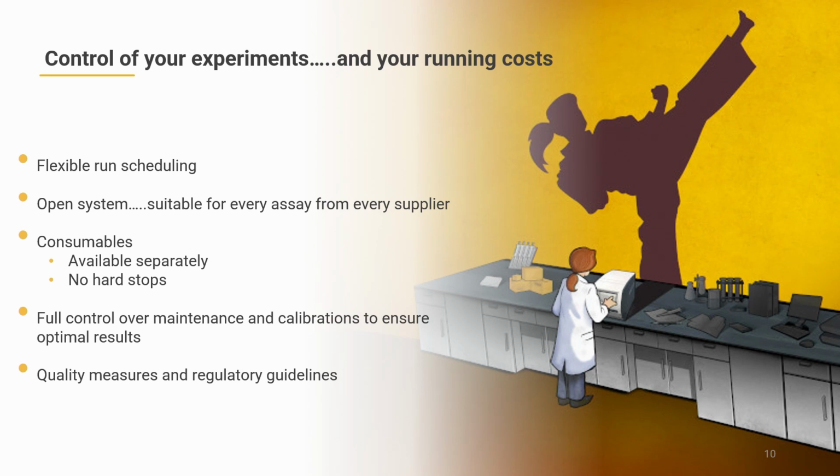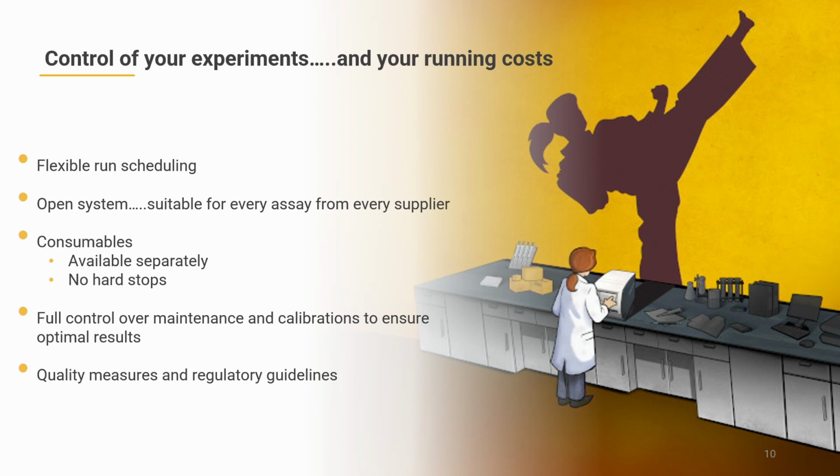It's a completely open system. You decide what assay is best for your sample. The instrument doesn't tell you or restrict you to which kit you can run. The consumables are available separately, which means it basically reduces your running costs even further. If one spoils, you only have to buy that one. You don't have to buy all of them, therefore increasing costs.